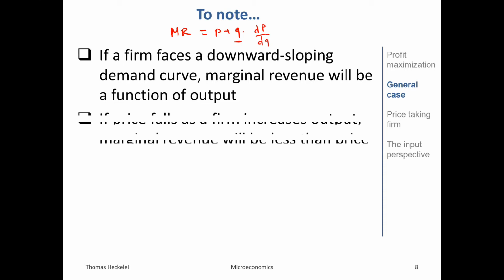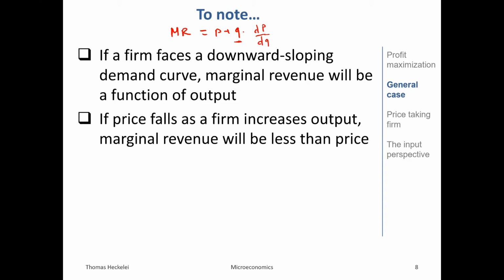The second thing is, if price falls, that is the case when the firm increases the output or the selling quantity, right? Then the marginal revenue will be less than price. How do we know that? Because for a downward sloping demand curve, the slope dP over dQ is smaller than 0.